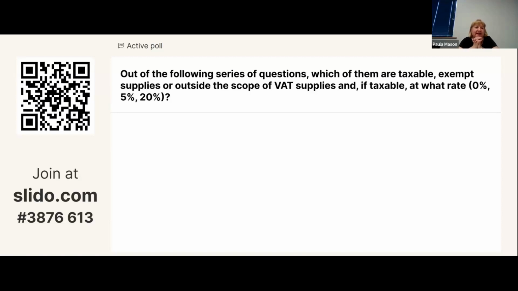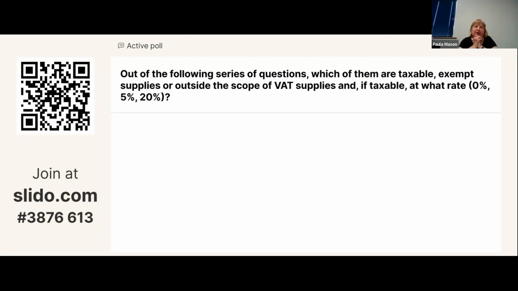Hopefully you can scan in the QR code so you can join at slido.com. So it'd be interesting to see what answers people have for the questions that we're setting out in a few seconds. I want you to give this some thought. It may throw you a little bit, but we can all go through together.